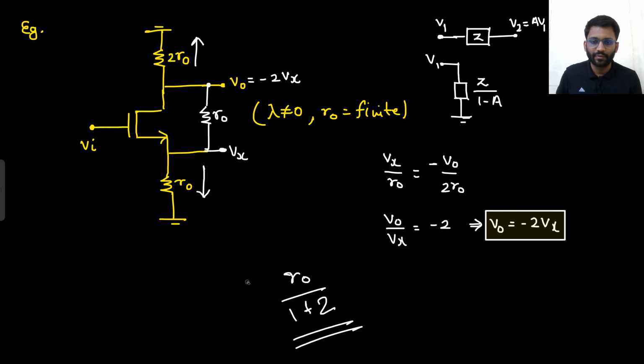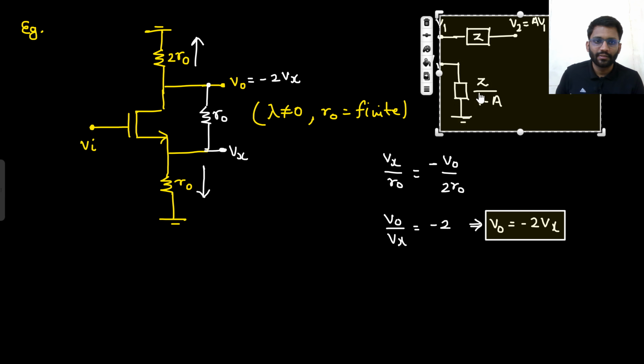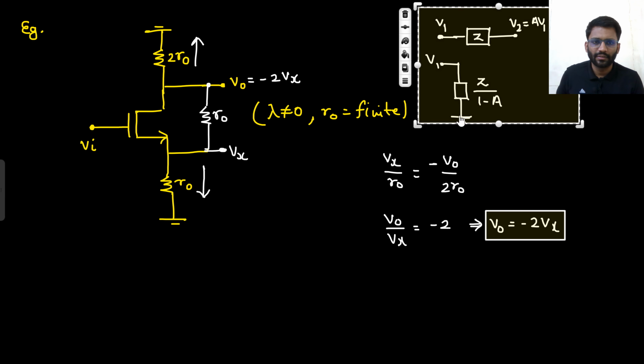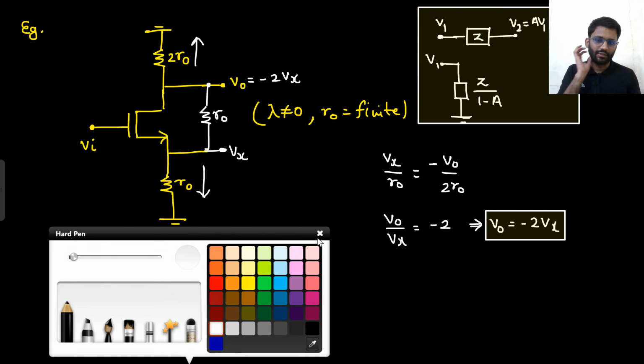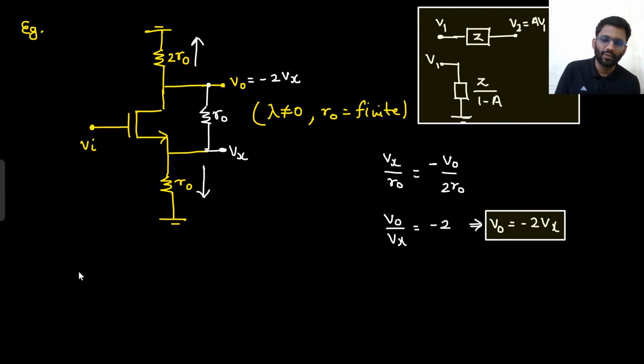So we will write it down. This was the thing that we have already studied. Let's close it in a box. So what will Vx say? From Vx to ground I will see R naught upon 1 minus A, that is 2.